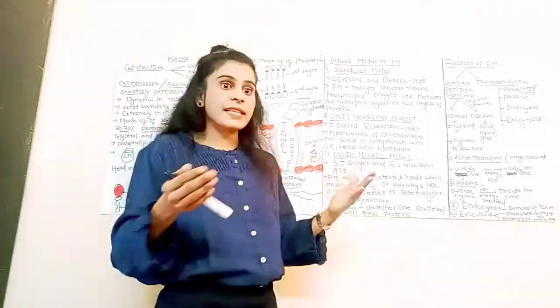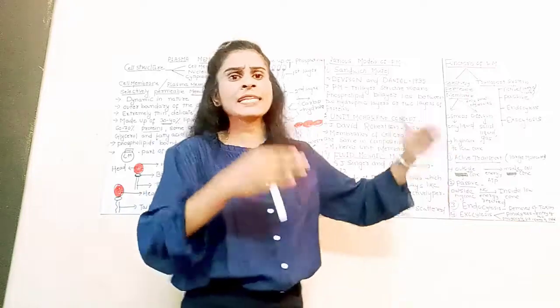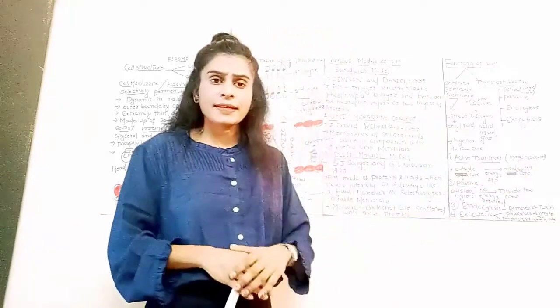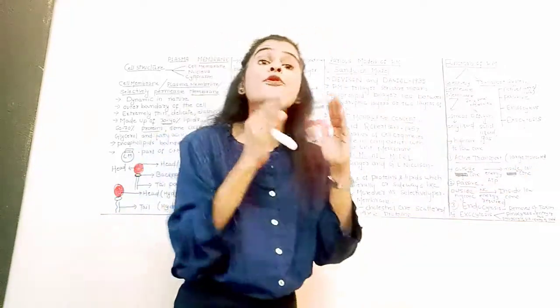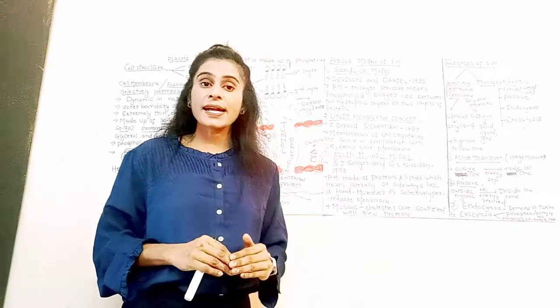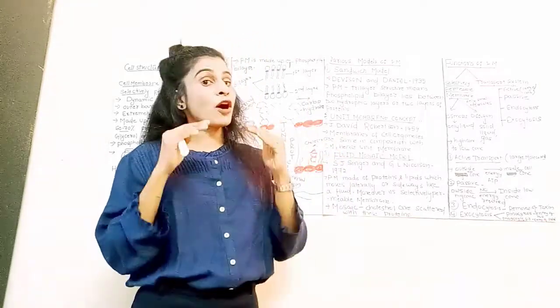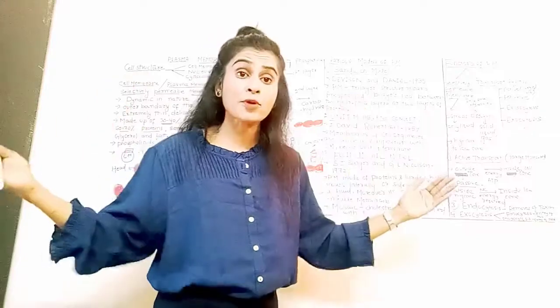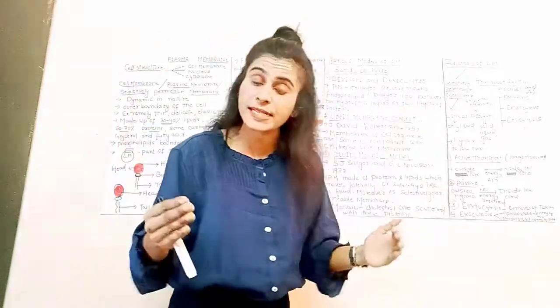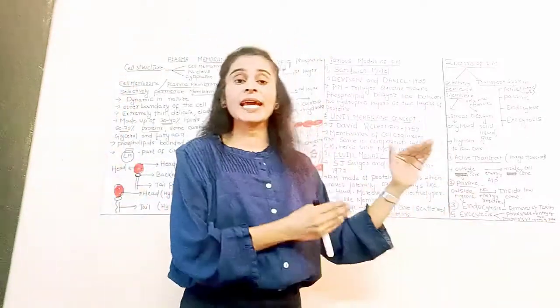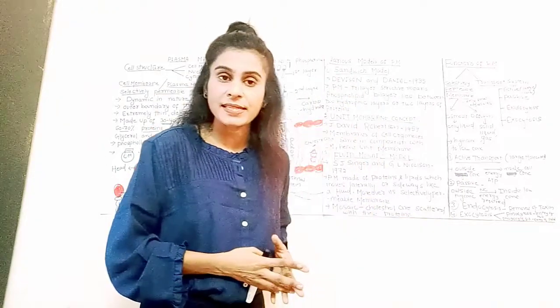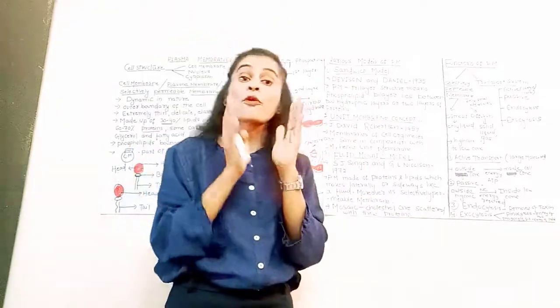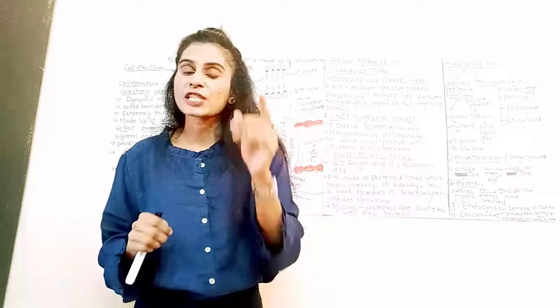And when there is movement, then definitely the membrane is floating, and hence it is called fluid. Plasma membrane, we already know, is made up of lipids and proteins. And these lipids and proteins move laterally as well as sidewise. And hence it maintains the fluid structure of the plasma membrane.